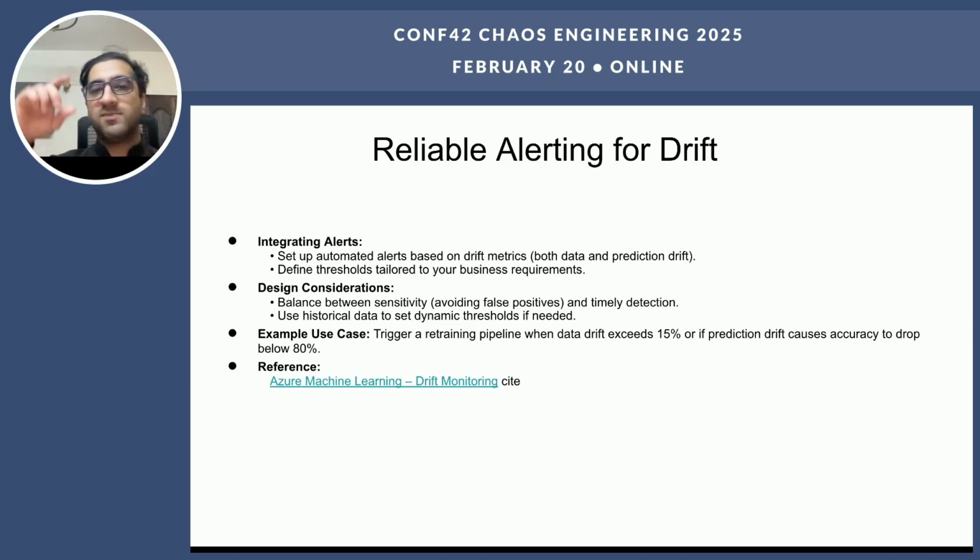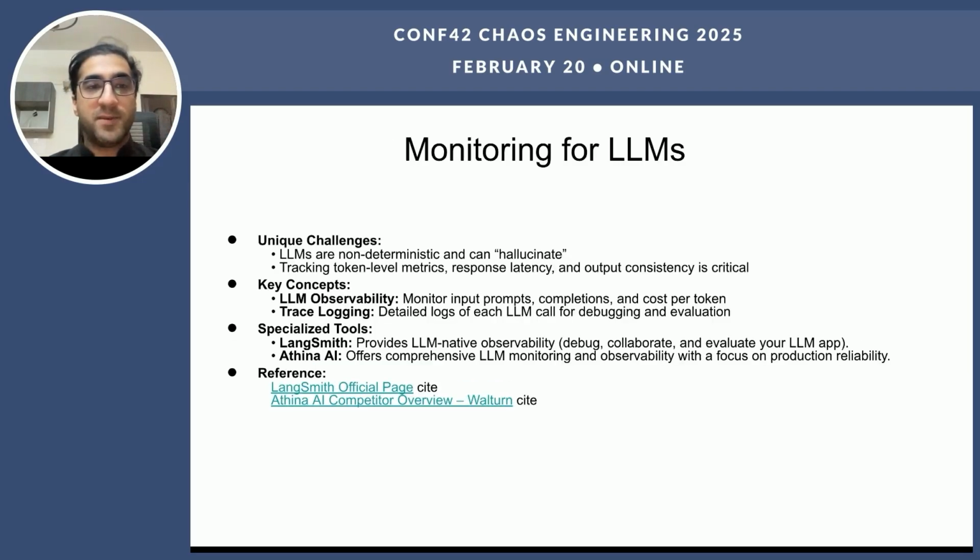So that small amount of drift won't be super important. But on the other hand, for a bank or a healthcare use case, even a 1% drift would be super important, right? So that threshold has to be defined by the company.